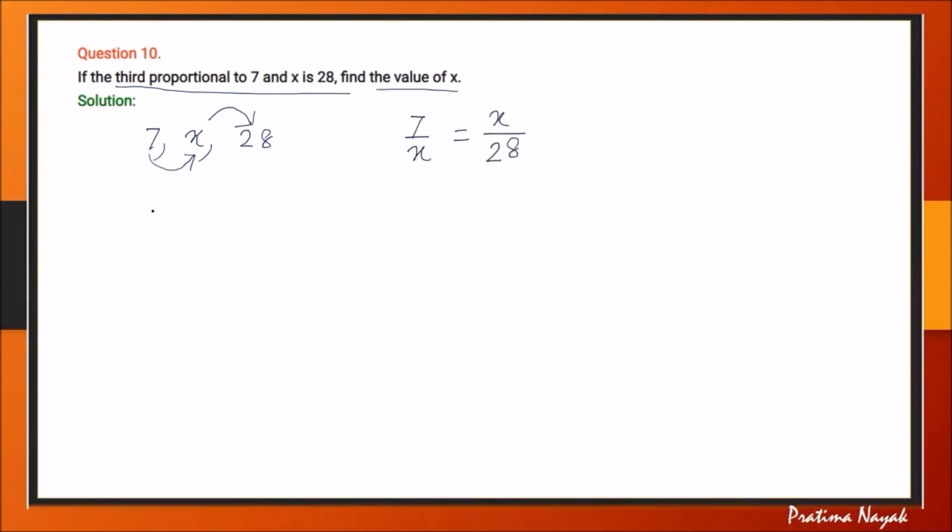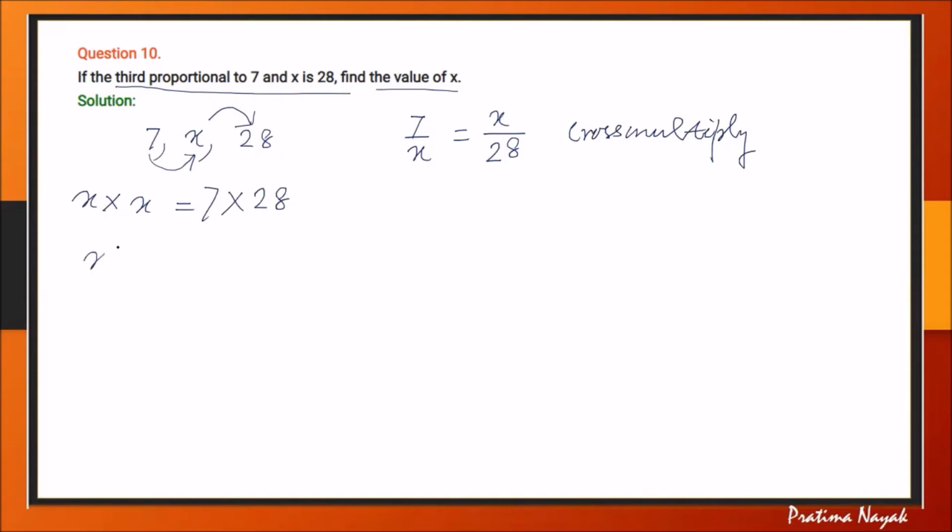So how to solve this? You can cross multiply or multiply diagonally. So I'll multiply x and x is equal to 7 into 28.